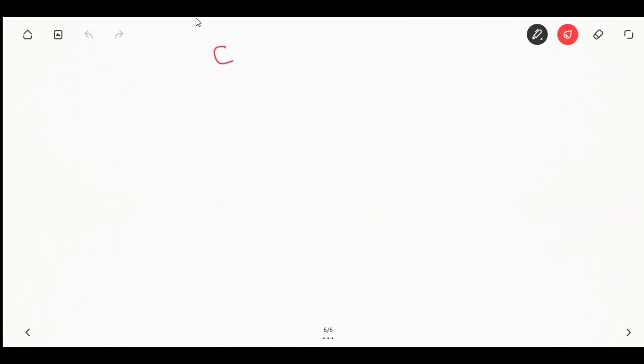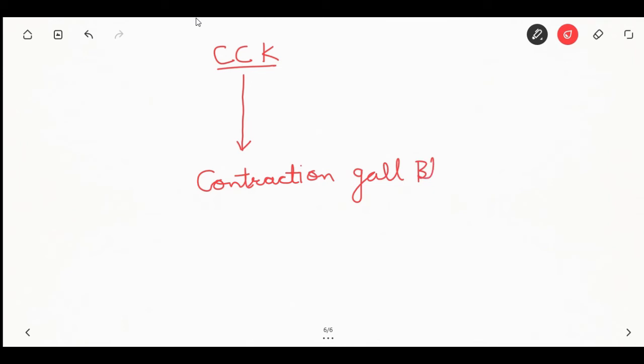Third is cholecystokinin. For exam point, you have to remember that cholecystokinin causes contraction of the gallbladder.